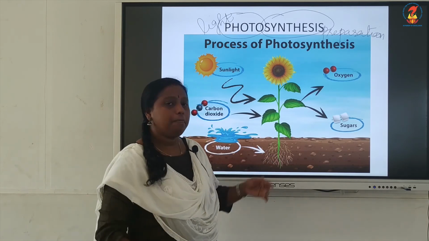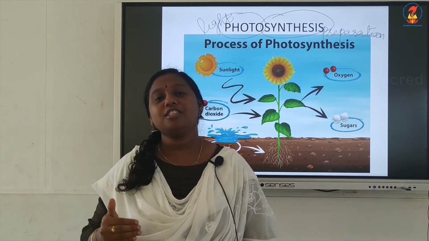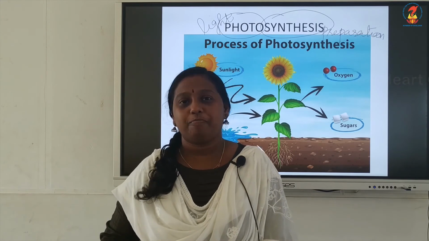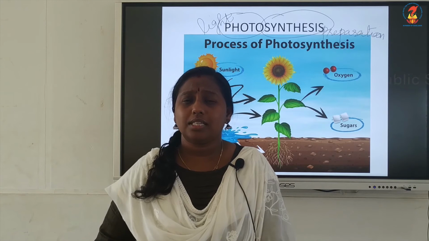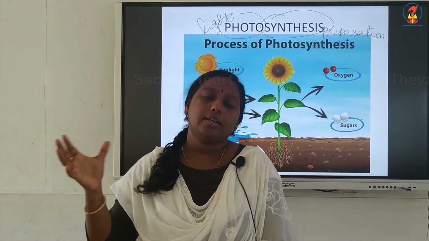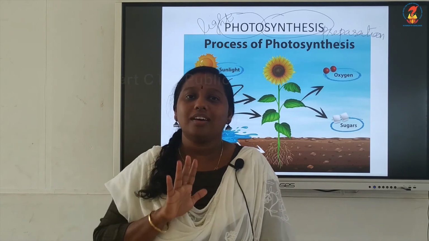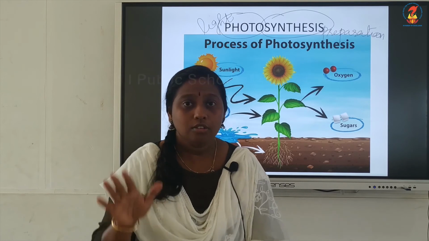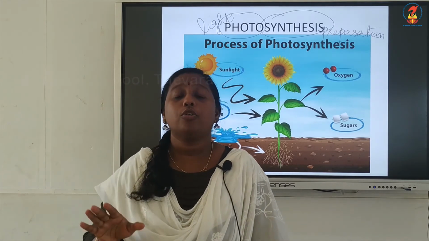So, our green plants, they prepare their food in the presence of light, and you call that process photosynthesis. For doing photosynthesis, light alone is not enough. We require some other things for doing photosynthesis. Now we will see what are the other things required. Okay. So now we are going to study in detail about the process called photosynthesis.